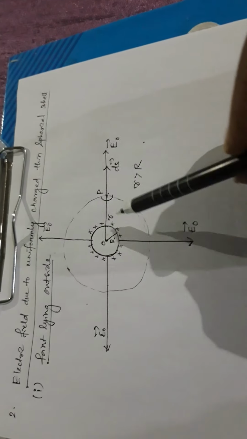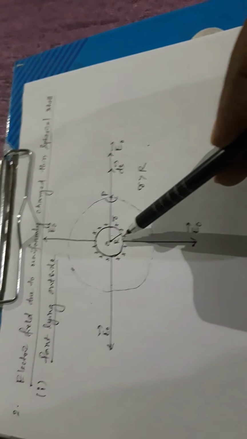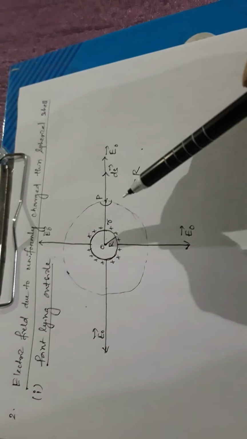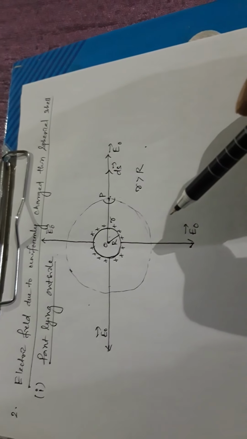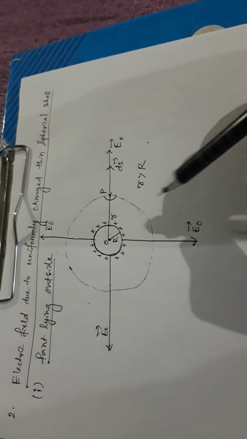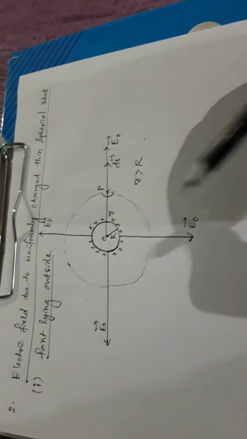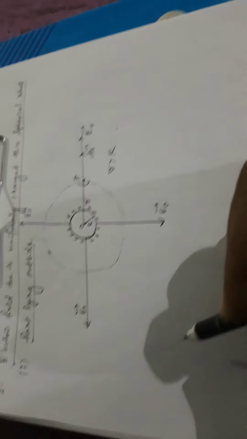Clear? Keep in mind, the solid one is the spherical cell and the dotted line is the constructed imaginary Gaussian surface. Now as I said earlier, we have to calculate the electric flux here.